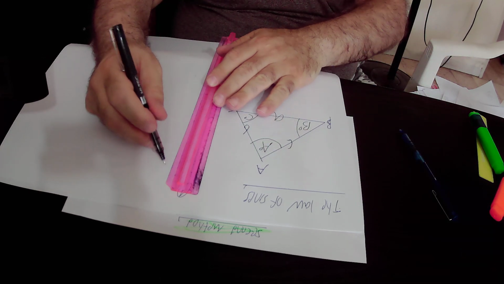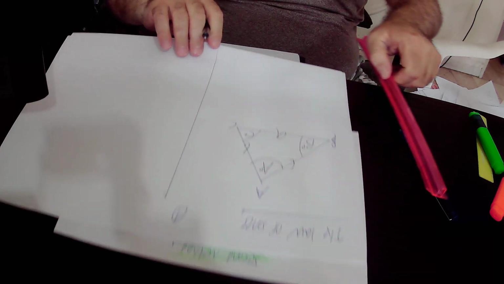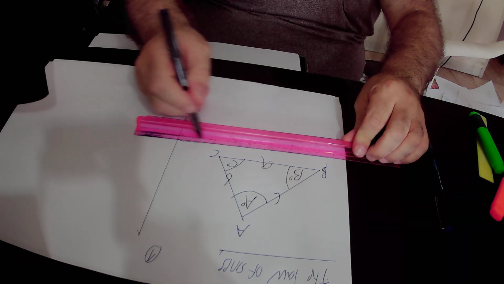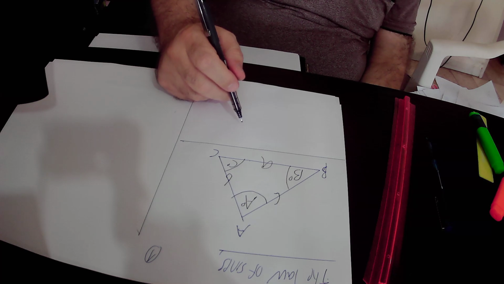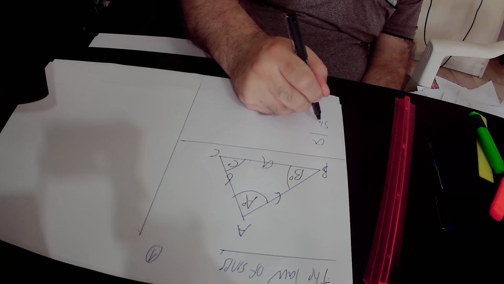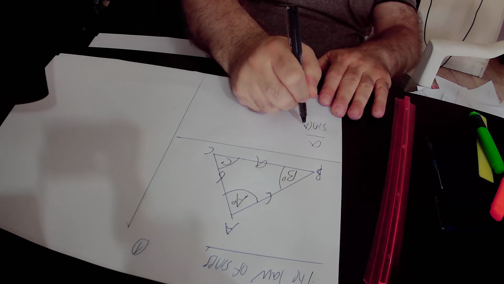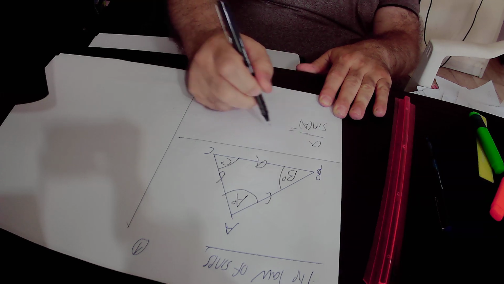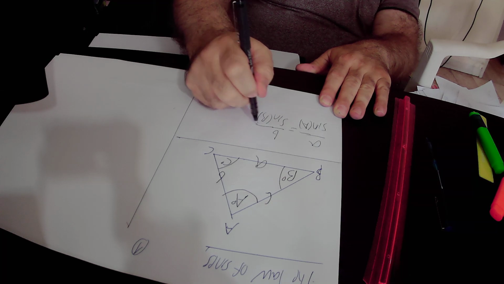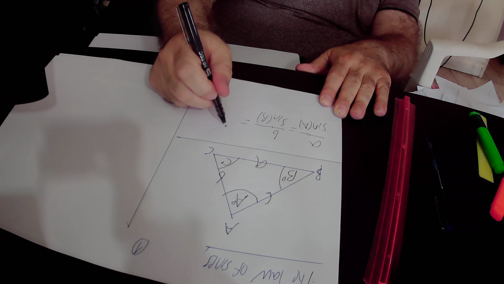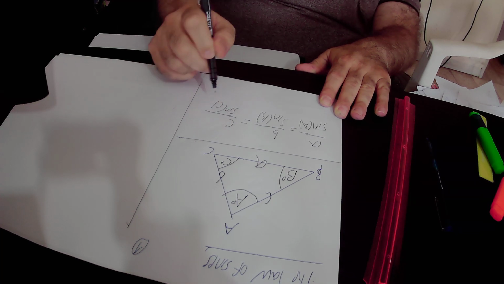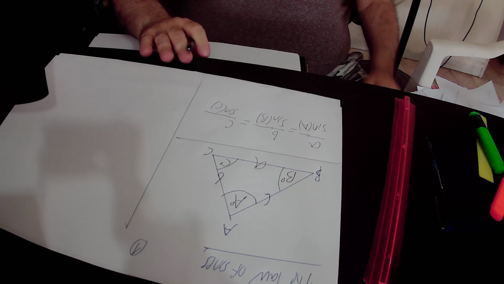Okay, so here according to the law of sines, we will get that a over sine A is equal to b over sine B, and it is also equal to c over sine C. Okay, and this equation is true in any triangle.